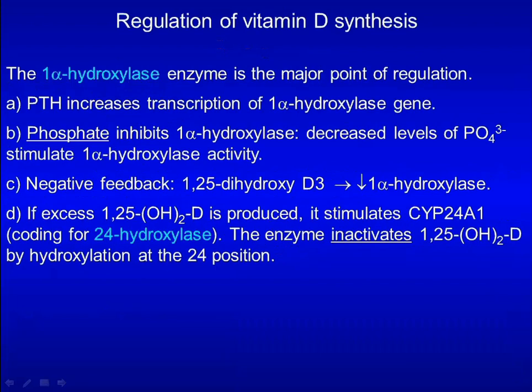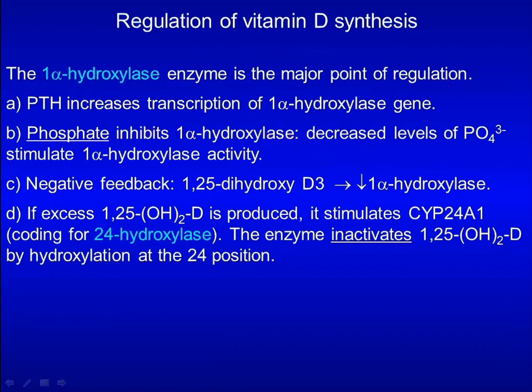Here is regulation of vitamin D synthesis. The 1-alpha hydroxylase is the major point of regulation. PTH increases transcription of 1-alpha hydroxylase gene. Phosphate inhibits 1-alpha hydroxylase enzyme.